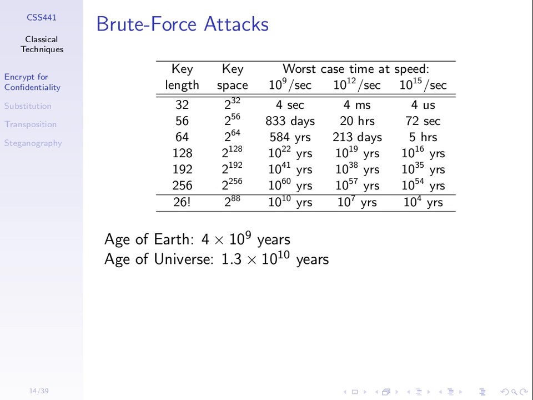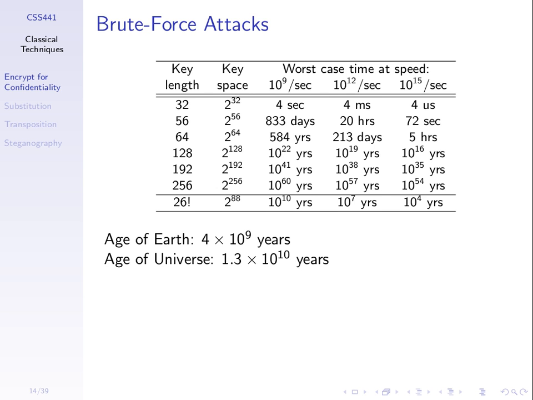If my computer is faster, or I have 1,000 computers of my speed, and in total we can do 10 to the power of 12 decryptions per second, 1,000 times faster than the previous one, then it will take 1,000 times less time, 4 milliseconds. If we go up to 10 to the power of 15, a million billion decrypts per second, 4 microseconds.